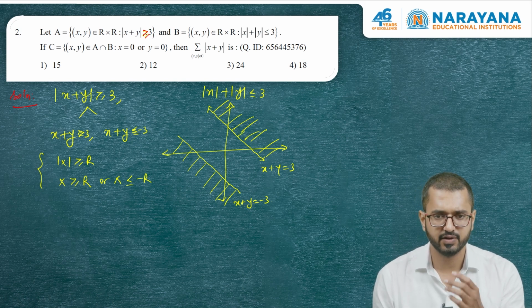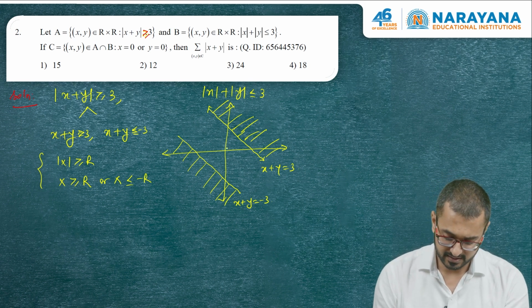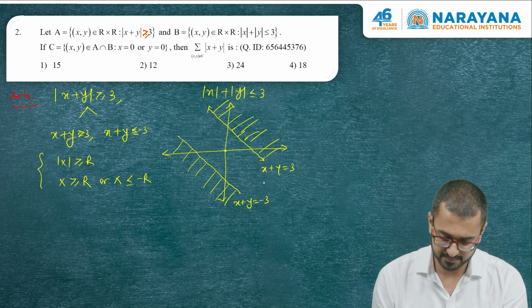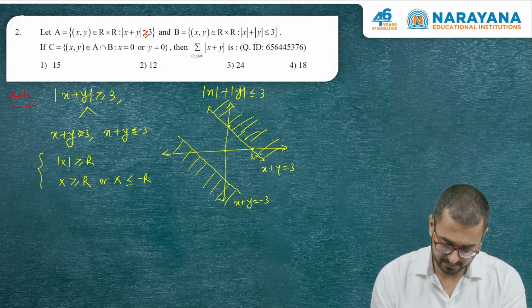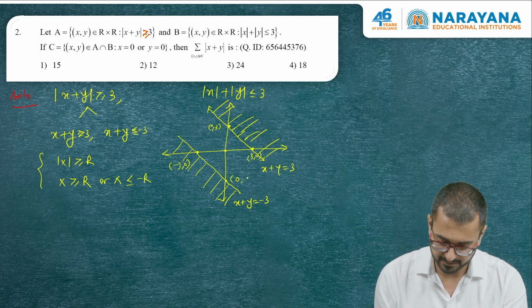Now set B is given to be mod of x plus mod of y less than or equal to 3. This is again quite famous. You must have seen it in your regular books. This is my point 3, that is 3 comma 0, and 0 comma 3, minus 3 comma 0, and 0 comma minus 3.